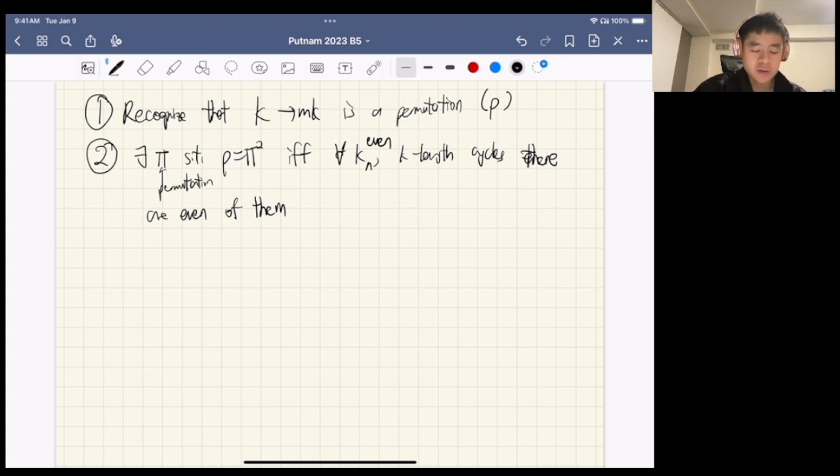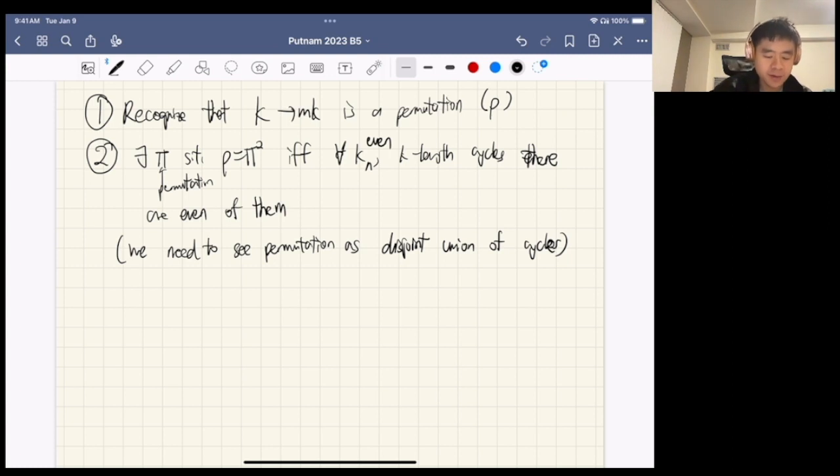So this basically means that we need to see the permutation as the disjoint union of cycles. And then the third thing is that while we try m equals n equals 1, that eliminates multiples of 4.